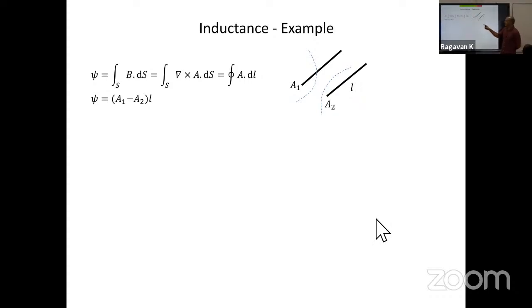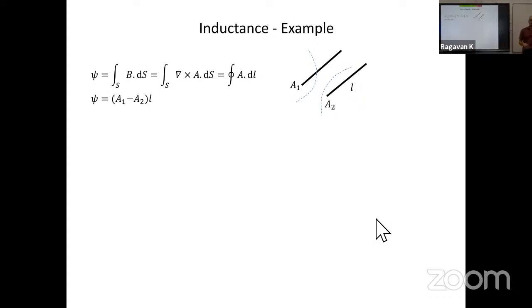Which says that if you are interested in what is the flux linkage with this coil, you do the integral of A dot dl along this coil, right? In a 2D problem, if you just see it through, this is a point and this is a point. So what you essentially need to evaluate is A1 minus A2 times L, because in this direction and in this direction A is equal to 0.